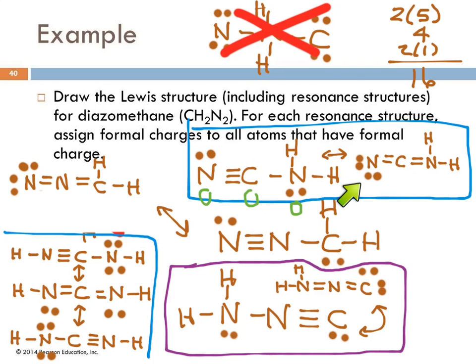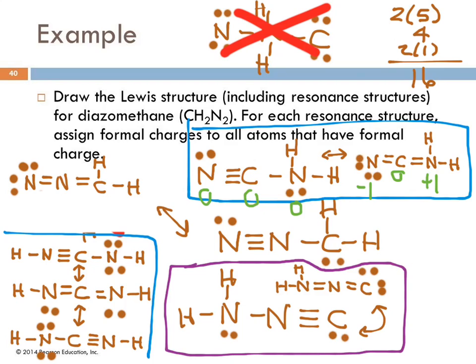This guy. Formal charge? -1. So 5, the number of valence electrons, minus 2, 4, 5, and 6. 5 minus 6 is 1. Negative. And the carbon here? 0. And the nitrogen? +1.